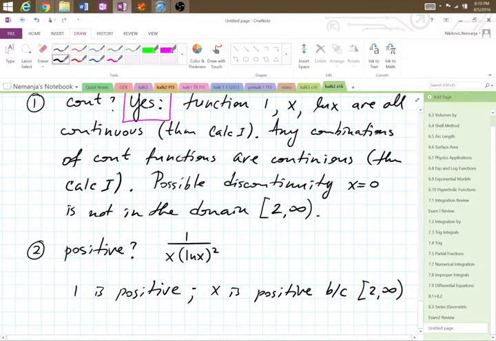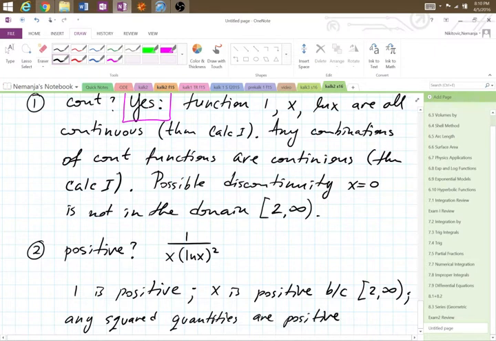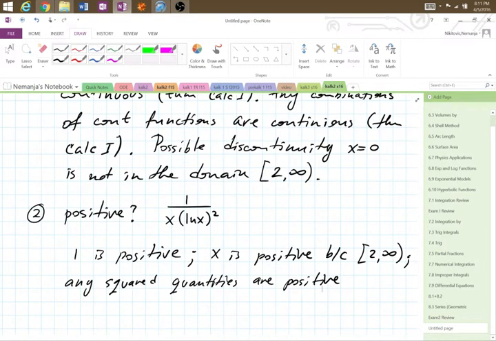And then also we claim that any squared quantities are positive. And we have multiplication and division of positive numbers. So yes.